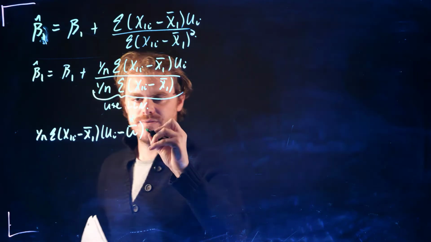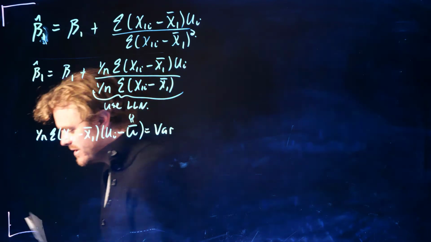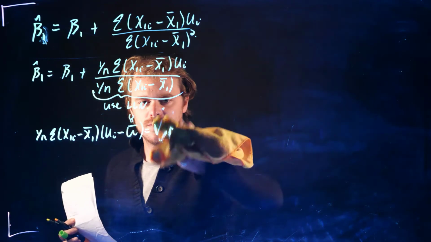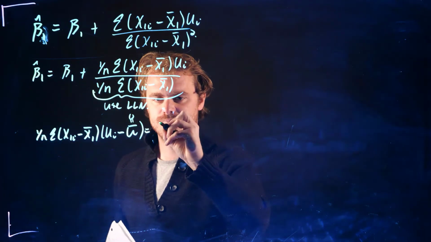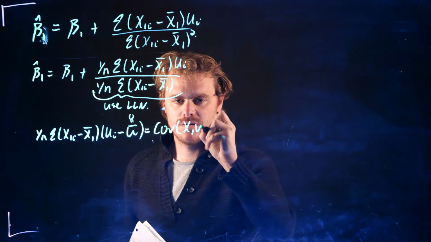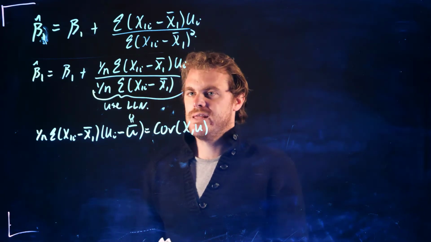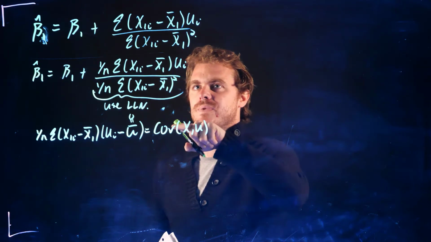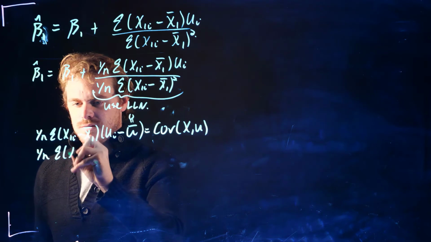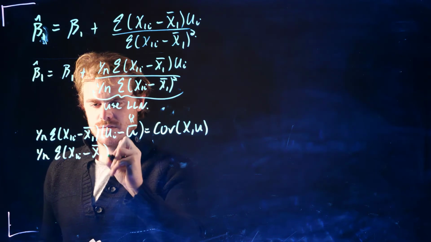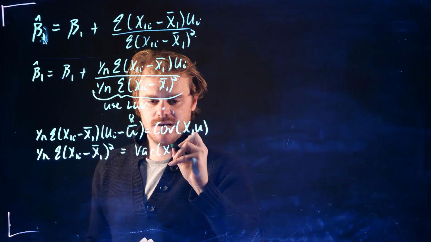This is, by definition, the covariance between x and u. Just mathematically, that's the covariance. And if we think about this denominator, and I'm missing a squared here, this is by definition the variance of x.